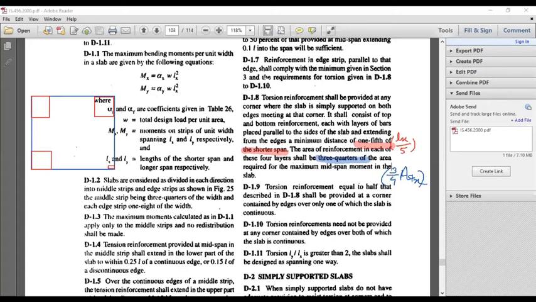So this length is Lx by 5. Okay, this is also Lx by 5. It is common for all the four corners. And area of the steel, this is 3/4 of AstX. Already we have calculated the Ast. Okay, so now we will move to whiteboard again.